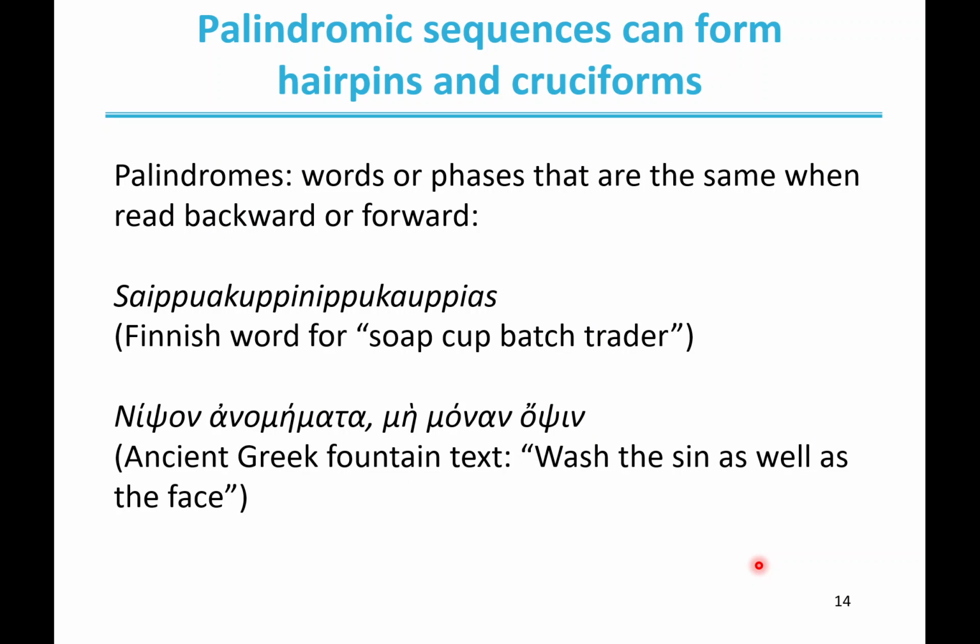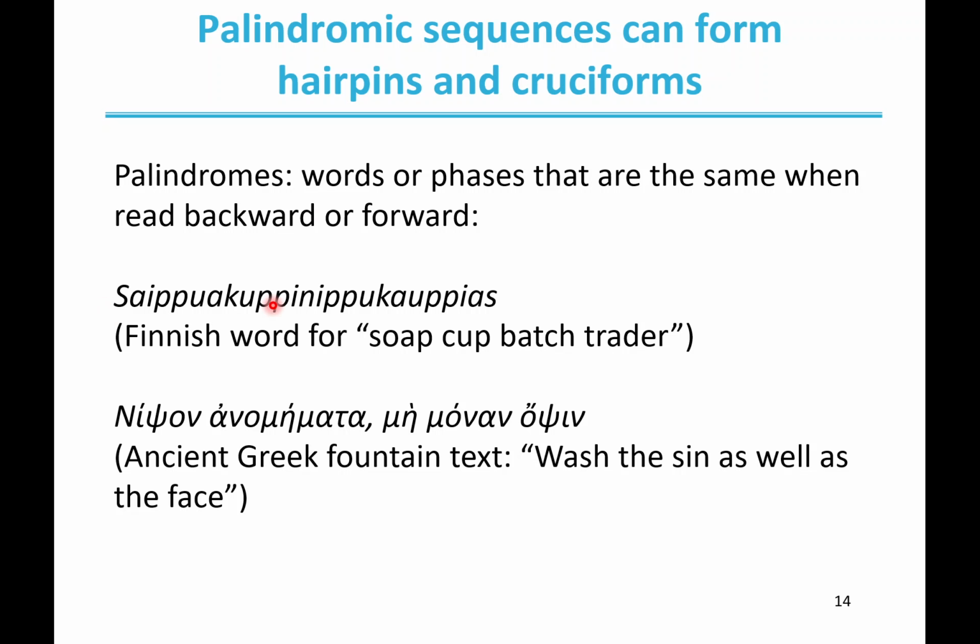The other structures of DNA that can occur, or I should say nucleic acids, not just DNA, occur from palindromic sequences. Okay. And palindromes, if you don't know, that term means a word or a phrase that is the same when read either backward or forward. Okay, and then the book gives some examples here.